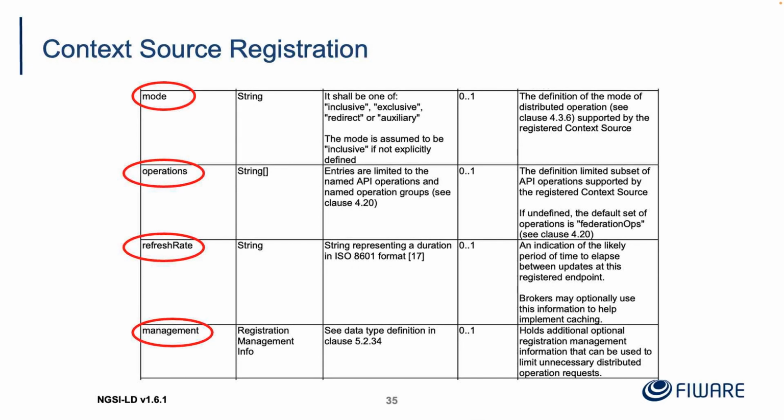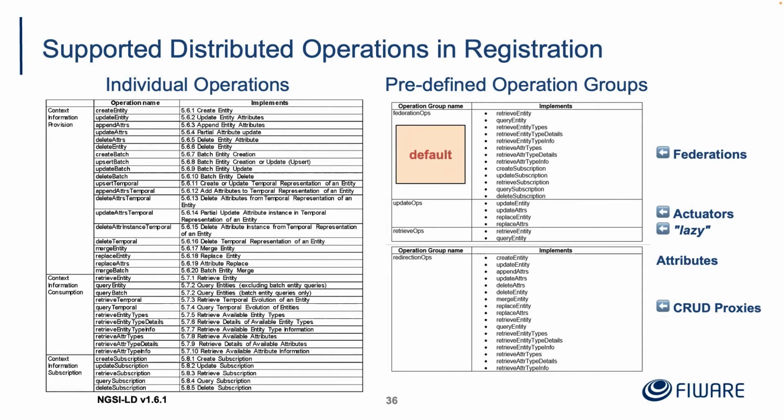Looking at operations, there are an awful lot of named operations, but you don't really need to know too much about this. For each subsection of the NGSI-LD specification, there is a relatively obviously named operation name.